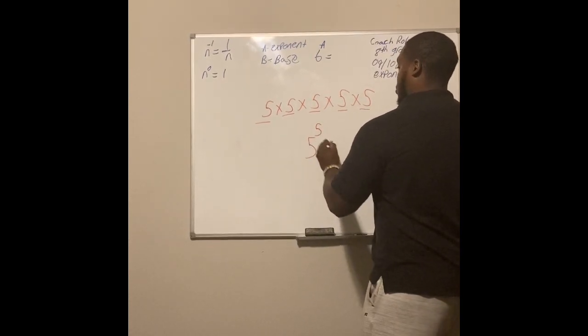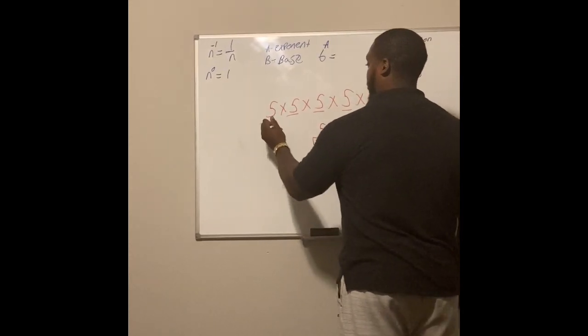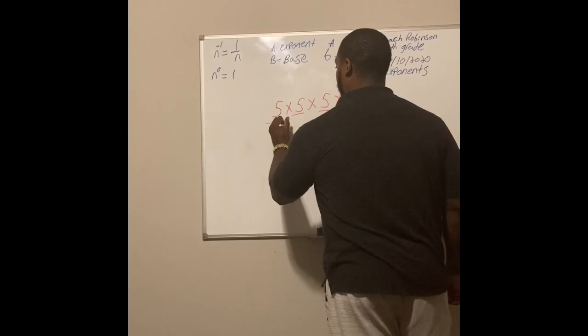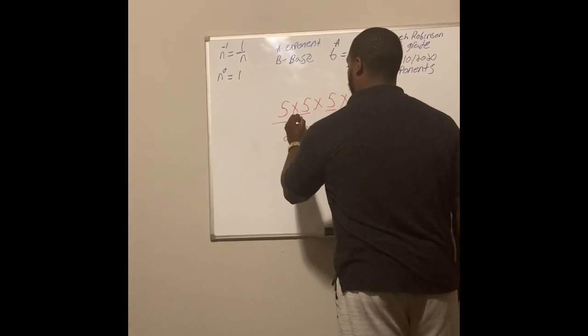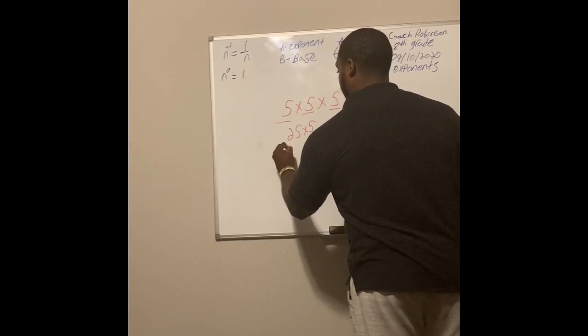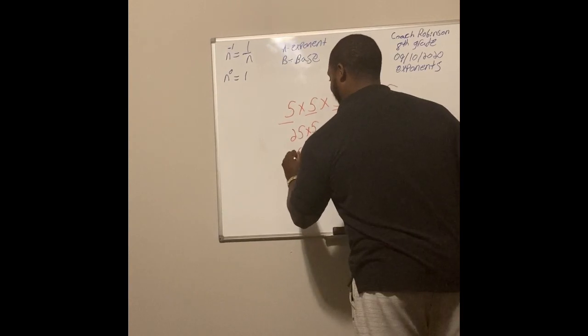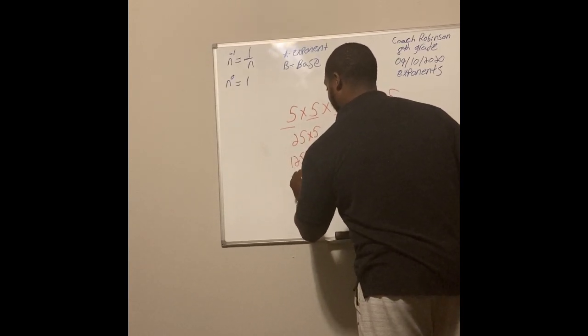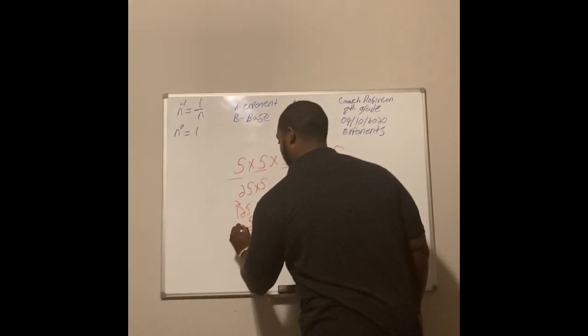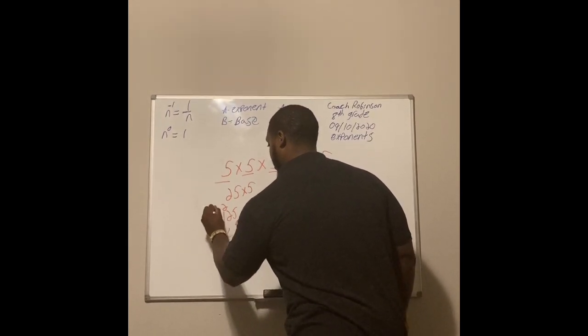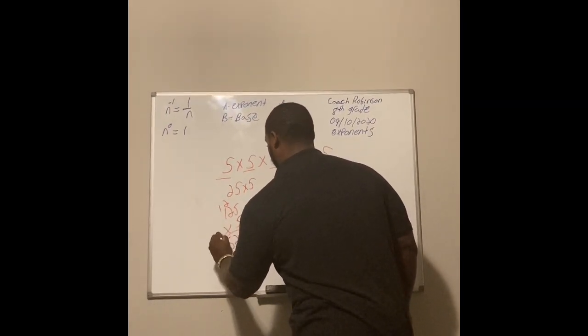And if I need you to solve that, we know 5 times 5 is 25. Times 5 is 125. 125 times 5, 5, carry the 2, 12, 1, 625.